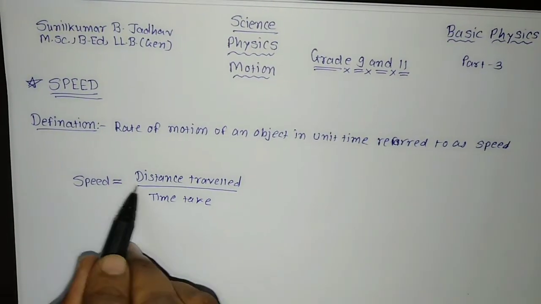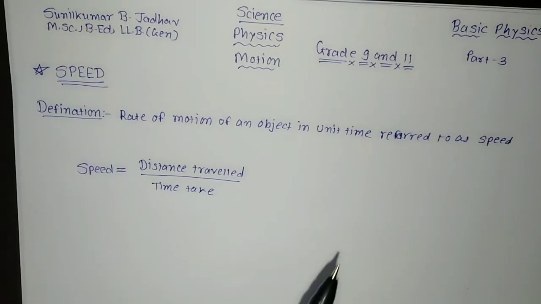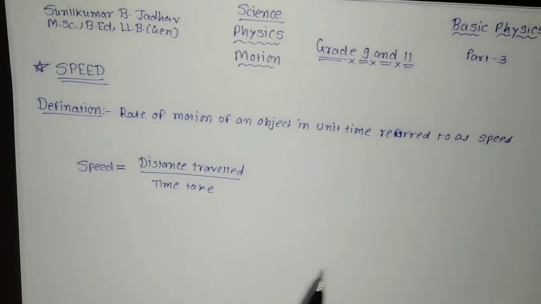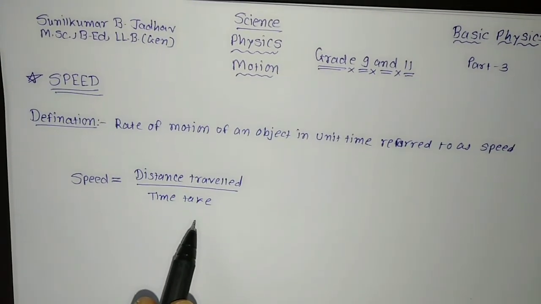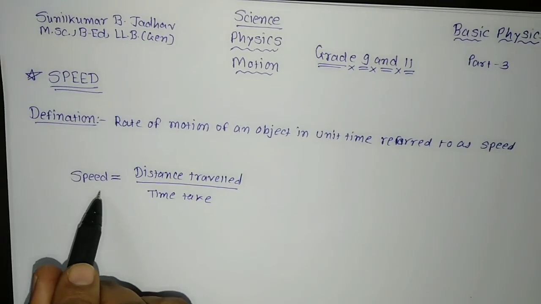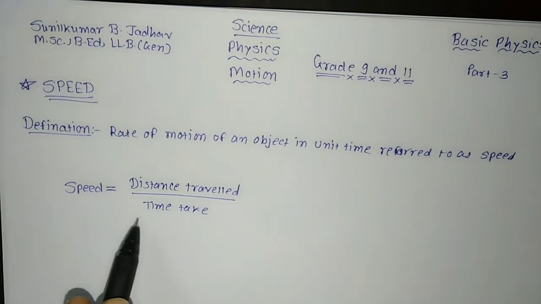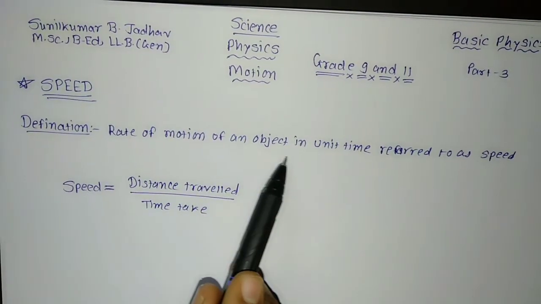What does it mean? The distance traveled in 1 hour must be 150 km. Then we can say the speed of the ball is 150 km per hour. So the formula of speed is the distance traveled by the object divided by time taken. That is also called the rate of motion of an object.